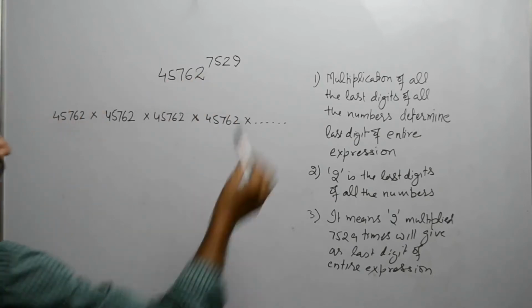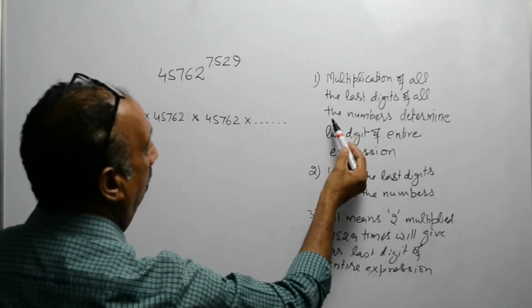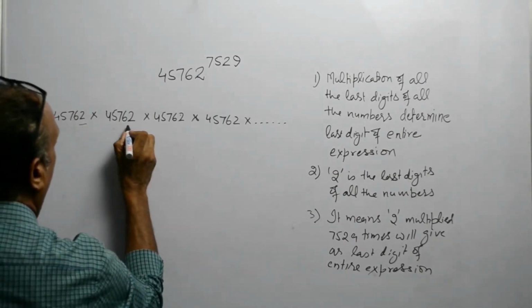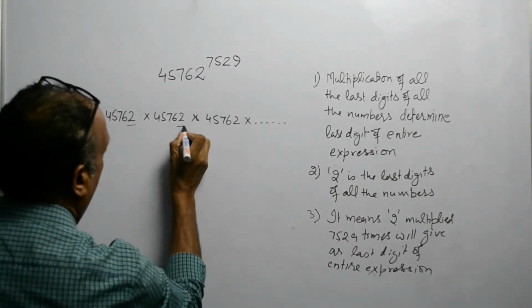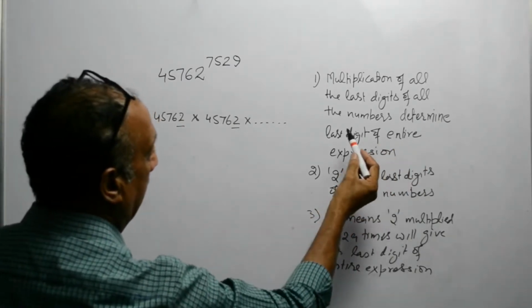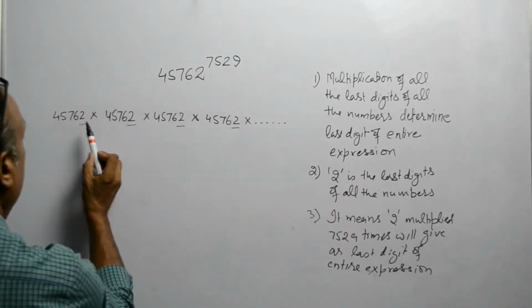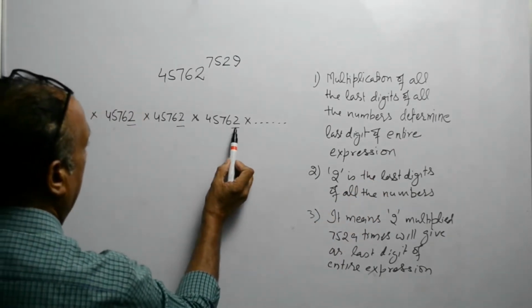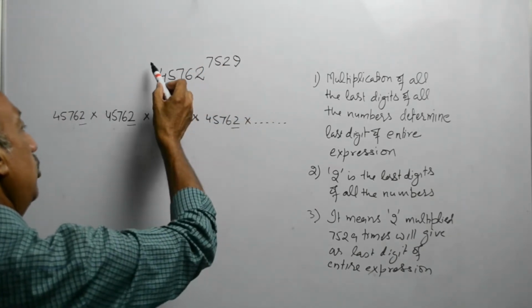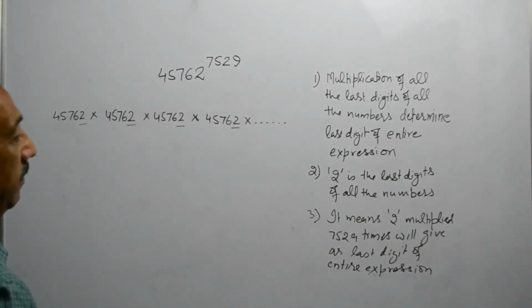Now multiplication of last digit of all the numbers determine the last digit of entire expression. Only these two, when multiplied, they can determine the unit place value of this entire expression.